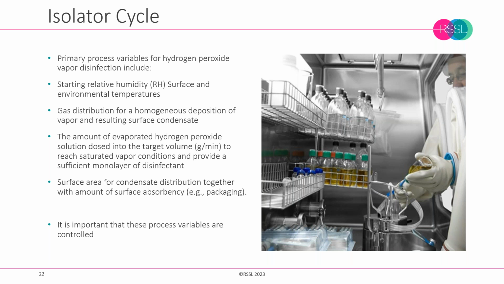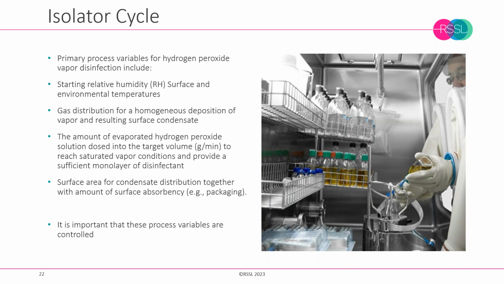But there's also going to be a variable with the types of materials that we use to construct the isolator, and also the types of materials that are going into the isolator.